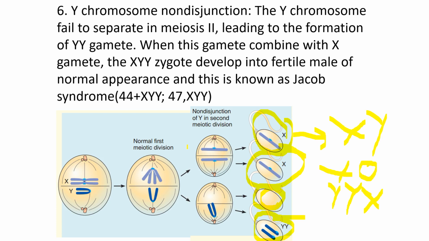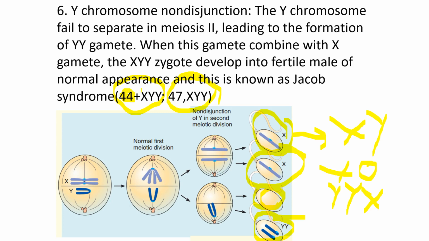Now, this is the karyotype of an individual with Jacob syndrome. 47 XYY or 44 plus XYY. The 44 here tells you that the number of autosomes is normal. Remember, haploid gametes from a diploid organism have 22 autosomes. 22 from the male fused with 22 from the female, you get 44.